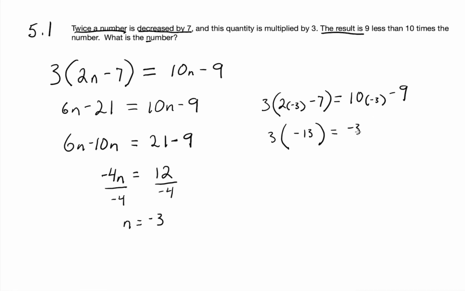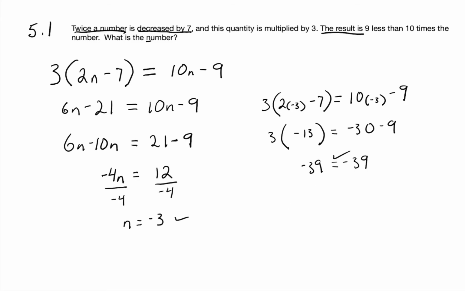So 3 times -13 is -39. Both sides are the same answer, so n equals -3 is true. That's correct. All right, so we see kind of how to write those word problems out.